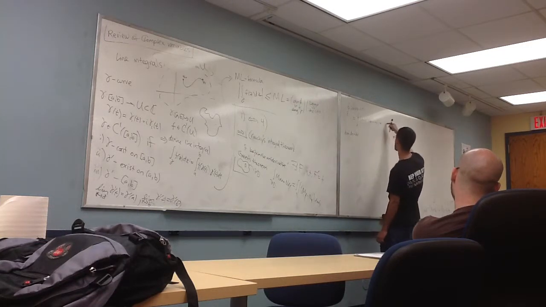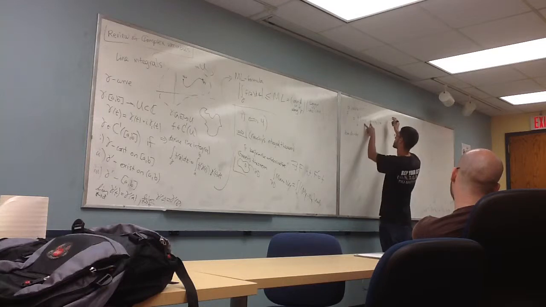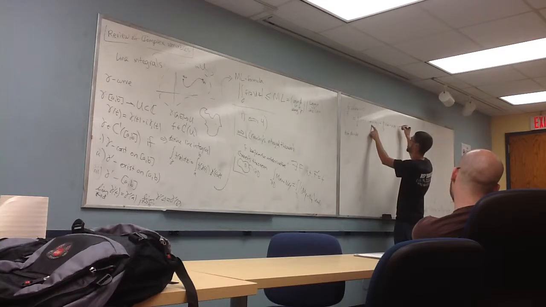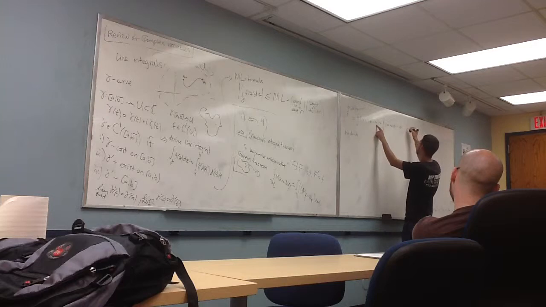When you multiply all this out and integrate the imaginary and real parts separately, this is the integral. This is u dx minus v dy, plus i times u dy, plus i v dx.